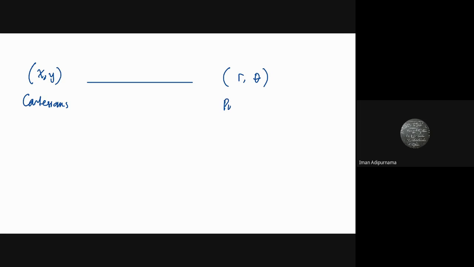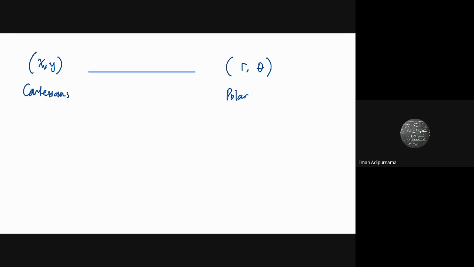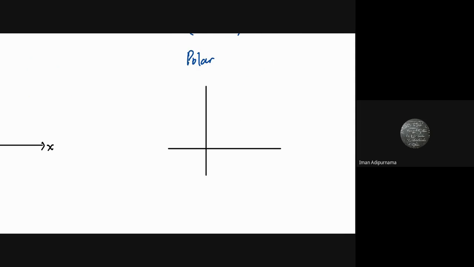This is what we call polar. The difference is that in Cartesian you have the y and x axes, right? I think this was already in the presentation, but let me just remind you. And here there is no x, y, and even no y. We have just a polar axis, and that's it.